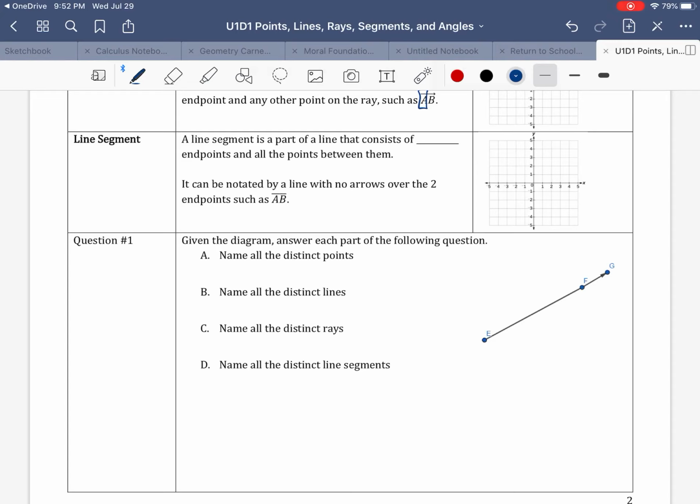And then lastly, we want to talk about a line segment. A line segment is a portion of a line that consists of 2 endpoints and all of the points in between them. So you can notate a line segment by using a small line, no arrows, over 2 of the endpoints. So here we have this point, and let's go with this point here.